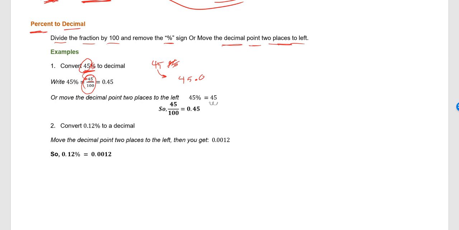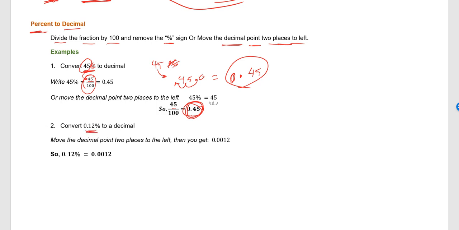When going from a percent to a decimal, you move 2 places to the left. So you end up with 0.45. That's essentially a decimal, so you need a 0 before the point. So 45 out of 100, 45 hundredths, is 0.45. Or 45% is 0.45 as a decimal.